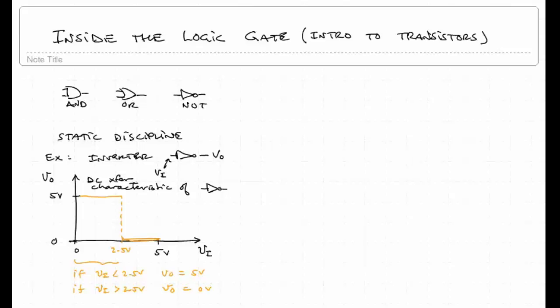Now recall we had defined the static discipline, and we had a VO high level and a VO low. Let me draw it one last time, the way that we had initially depicted it.